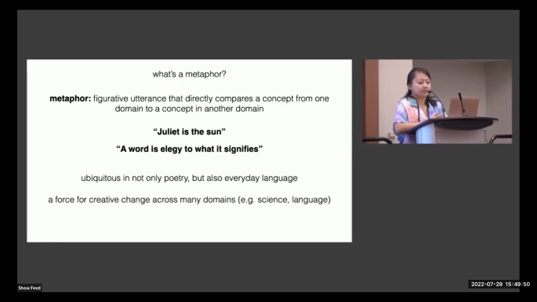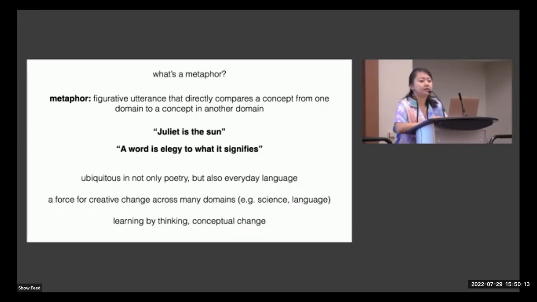People have posited that metaphors can be a force for creative change across many different domains. Thomas Kuhn has famously posited that metaphors are a vehicle for scientific discovery. People have documented how metaphors can facilitate the acquisition of new word meanings or the development of language over time.